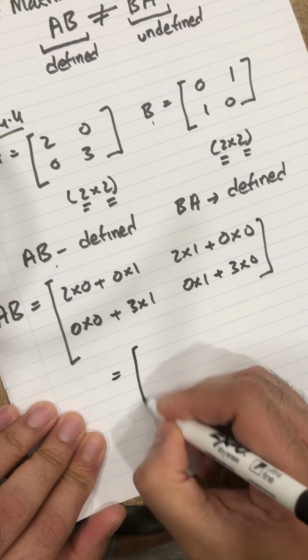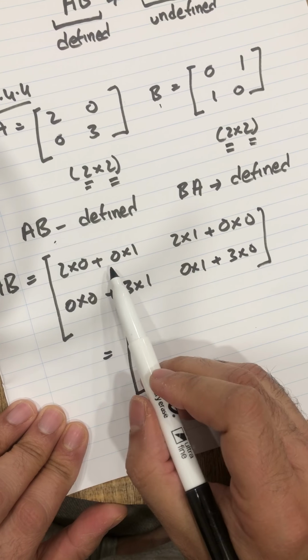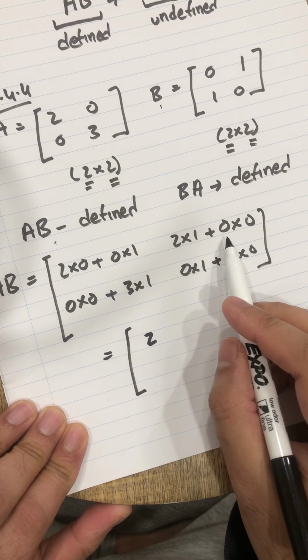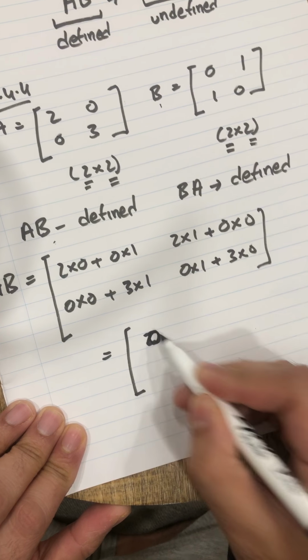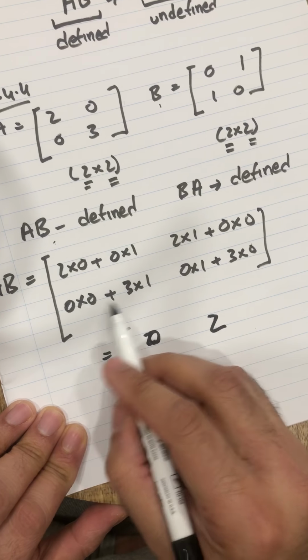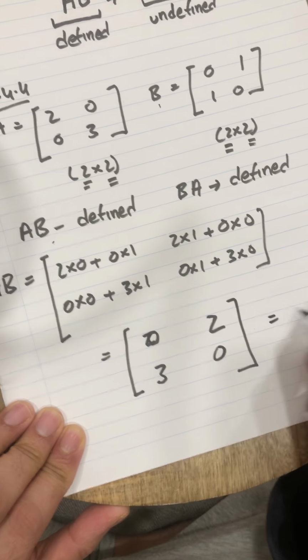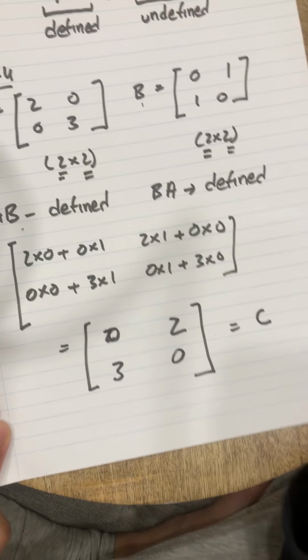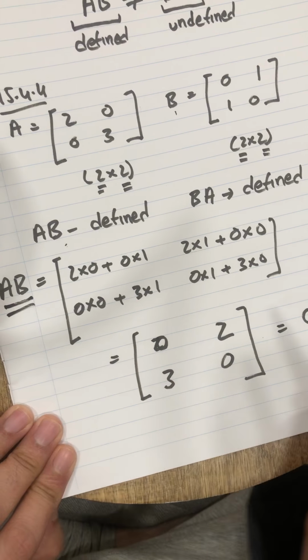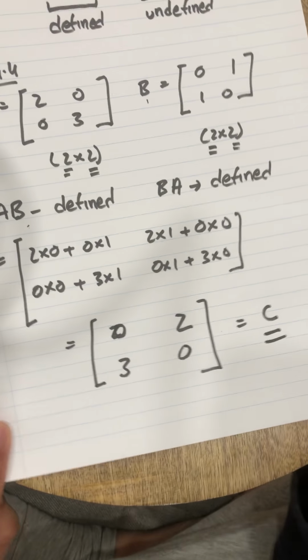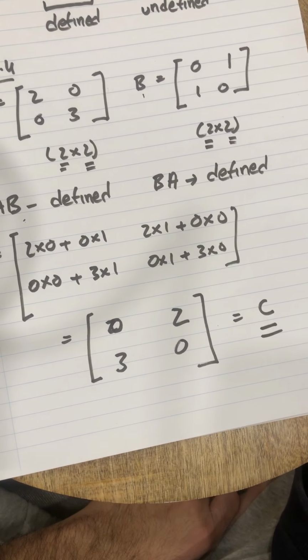If you solve this, the matrix you're going to get is 0, 2, 3, 0. So this is your matrix C. That means when you do A into B, you have a product C which is defined.